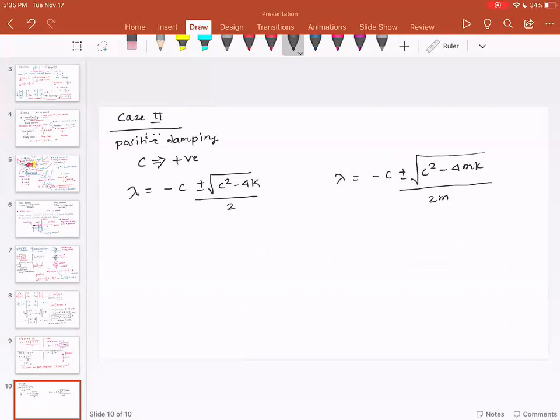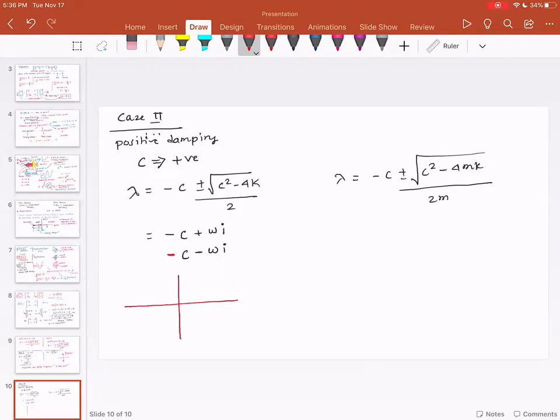So when c is positive, I'm going to get two roots. The first root is going to be minus c plus something like the square root of c square minus 4k. This is a number, so I'm just going to call this omega i, and the other root is minus c minus omega i.